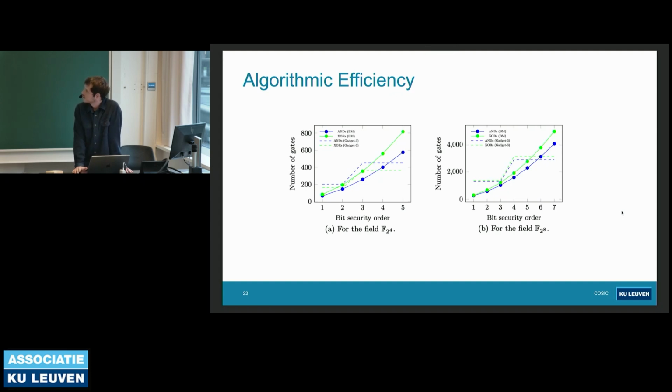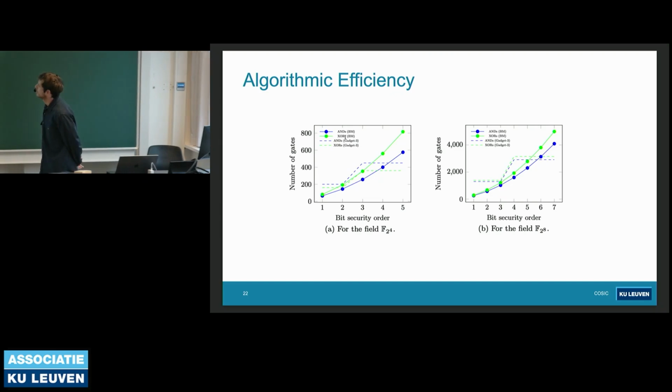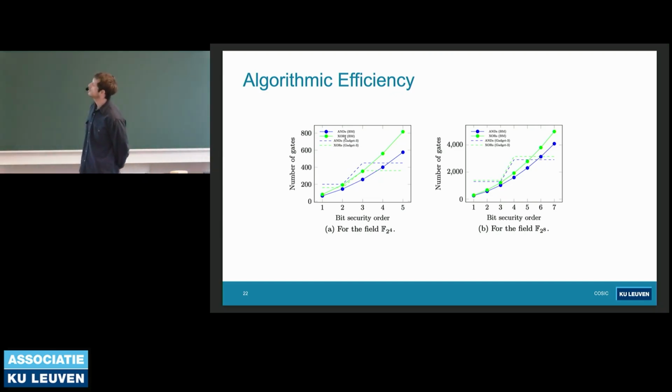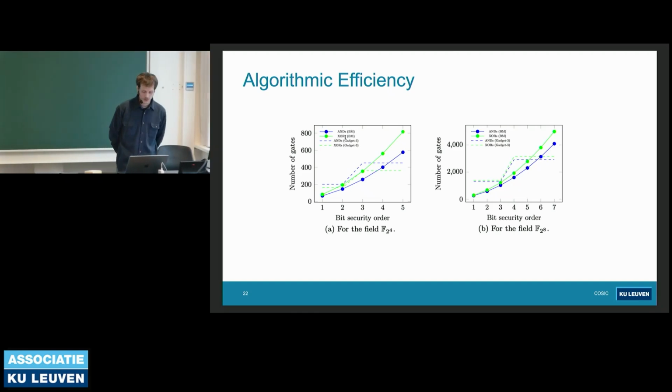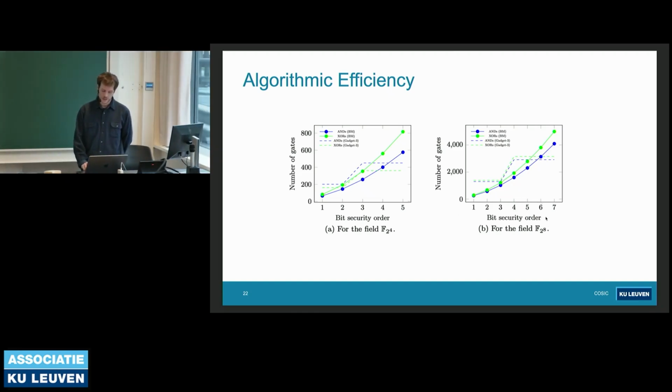Some words on the algorithm efficiency. This is only on the online phase, so what we want to compare is the number of gates on the y-axis and some bit security order. So we look at the number of AND gates and XOR gates. We compare our multiplication gadget with Boolean masking using the ISW multiplication algorithm. You have the 4-bit case and the 8-bit case.